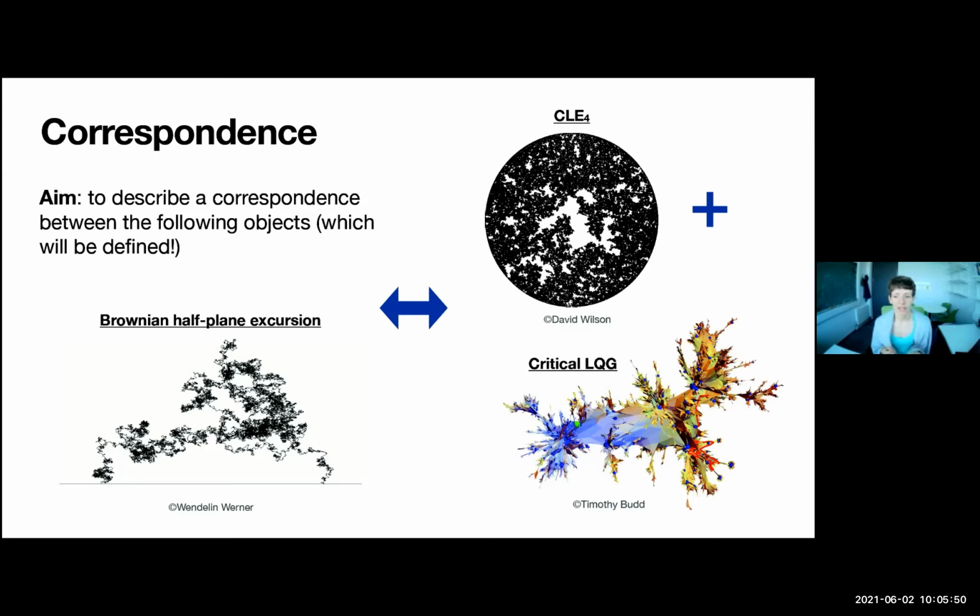And what I want to try and get across is how, through this correspondence, we can encode many of the properties of interest of the object on the right-hand side by properties of the object on the left-hand side, which is, as I said, hopefully a bit more familiar to people.